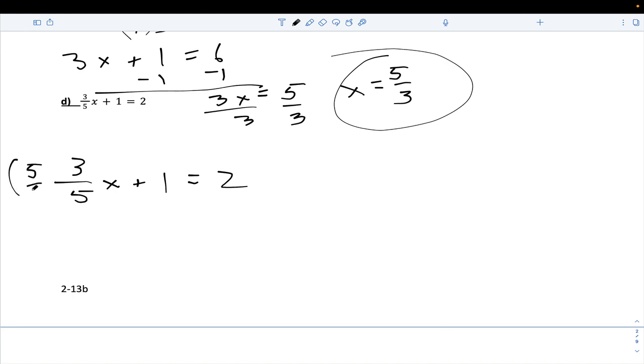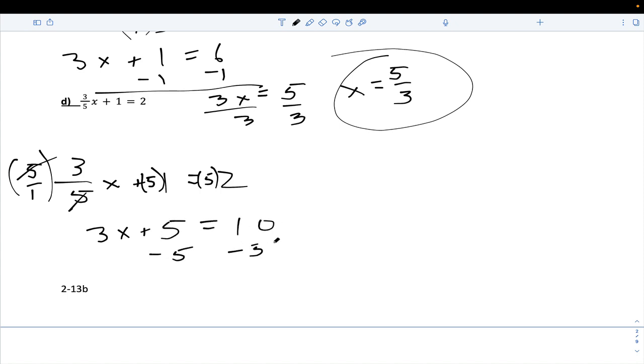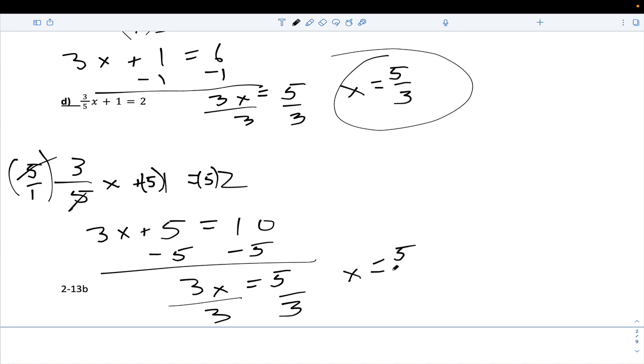Let's fraction bust it since that's the route we're on right now. Multiply everything by 5. Cancel the 5s. 3x plus 5 equals 10. 3x equals 5. This is also 5/3. Makes it B. So the answer has to be B.